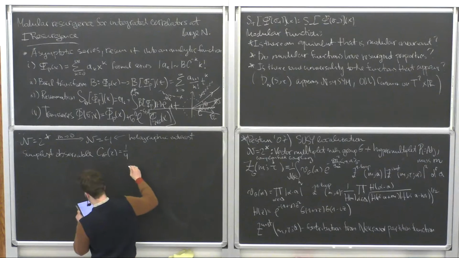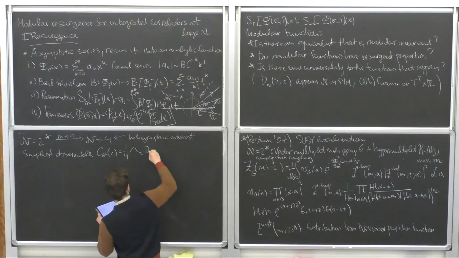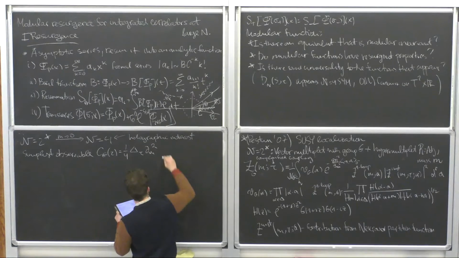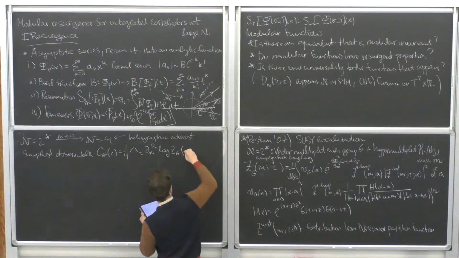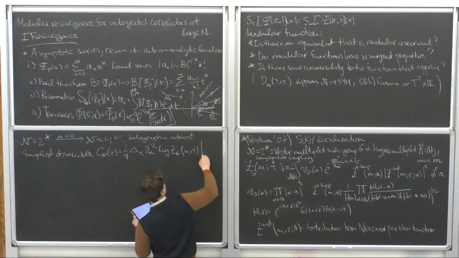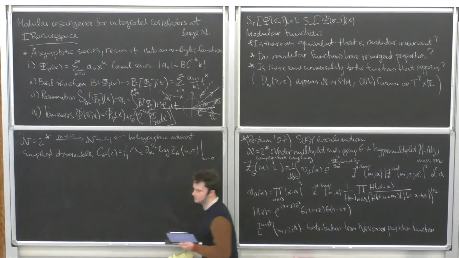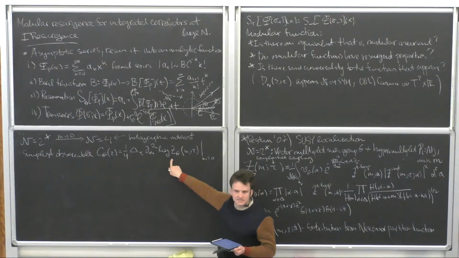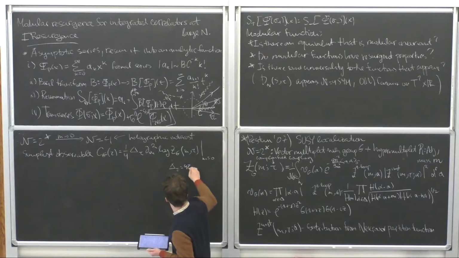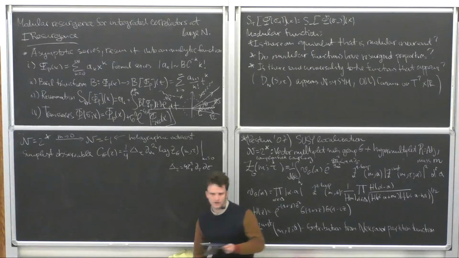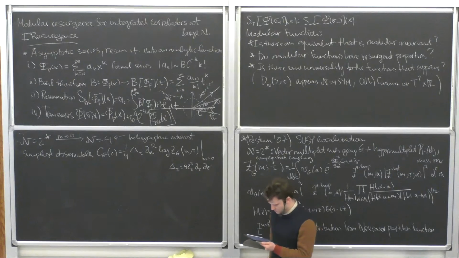It's 1/4 hyperbolic Laplacian, d_m squared log Z_G of m and tau at m equals 0. So I'm picking out the m squared term, and this is the simplest non-trivial one. And the Laplacian in tau, you just put it in, it's 4 tau_2 squared d tau d tau bar. So this is the simplest one.